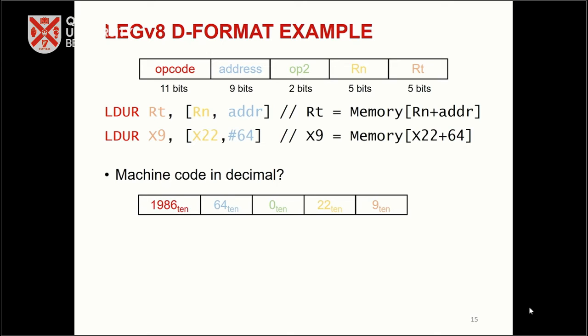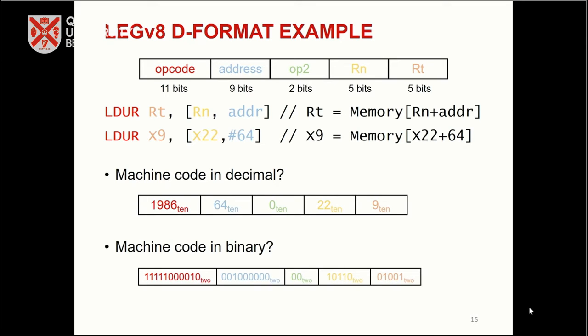Then the register N is 22 here, and register 9 is the same as before. So we have this in decimal, and then we have just converted this to binary. So it's the same as before, but we just have a different operation code, a different field here. The address is a new field, but it's more or less the same. Okay?